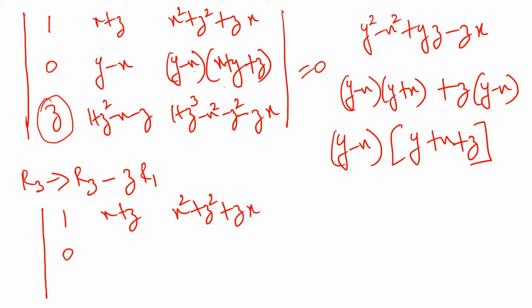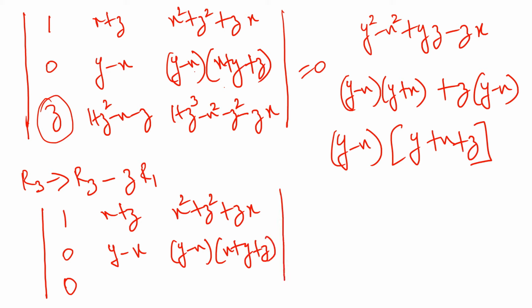Here we'll be getting 0. Again here we'll be getting 0. This value is y minus x into y minus x into x plus y plus z over here. Now you can also see this y minus x is coming common from the second row. So in the next step, we'll be just taking it outside.